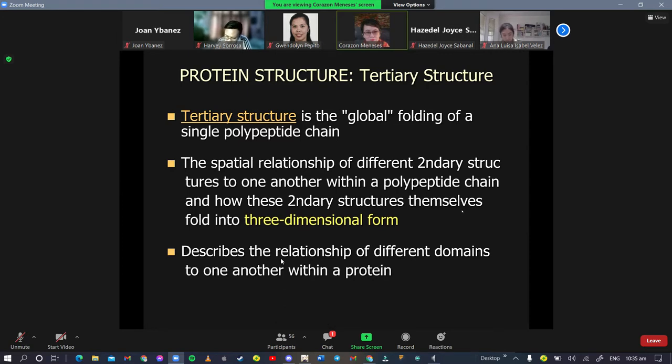Okay. Electrostatic interactions. Very good. Electrostatic is between positively charged and negatively charged groups, the positive and negative R group.